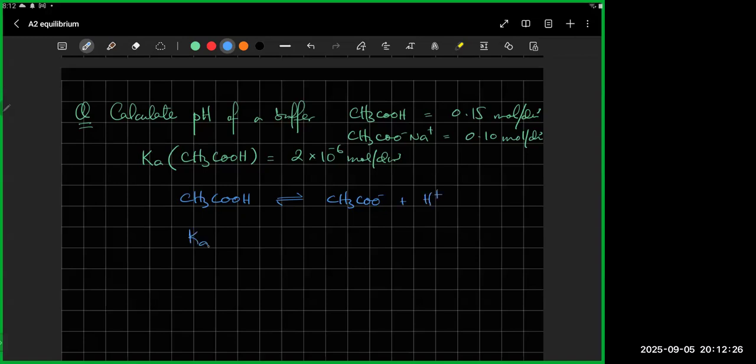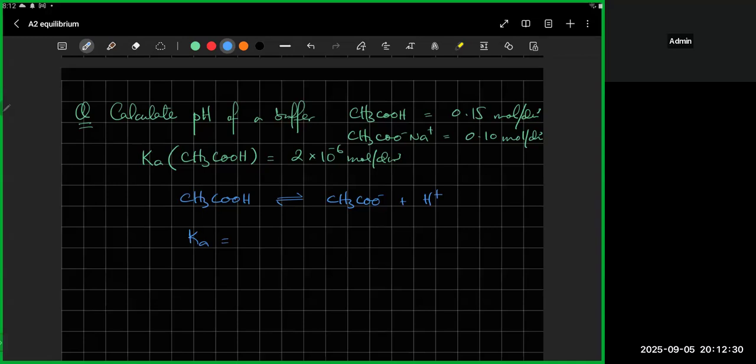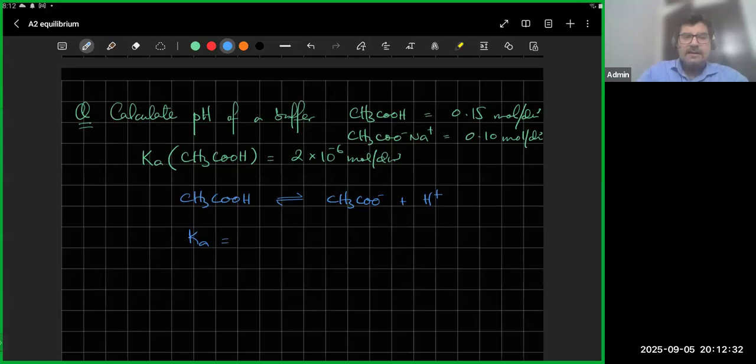It's going to have a K expression, and that K expression would be ethanoate concentration times H plus concentration, divided by ethanoic acid. I have the K value, 2 times 10 power minus 6. So I have that.